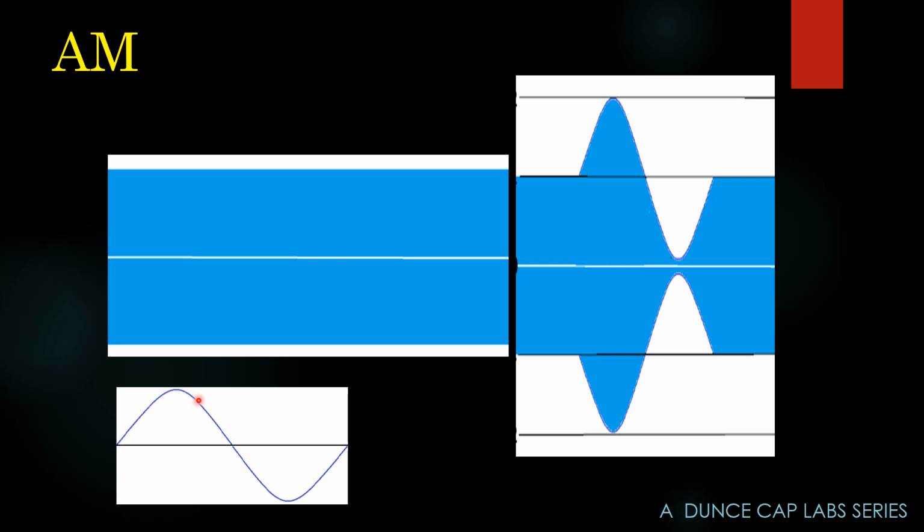So as this waveform is processed, the power level of the AM carrier is varied. And notice there's a mirror image of it down here. That's all AM is: we vary the power level.